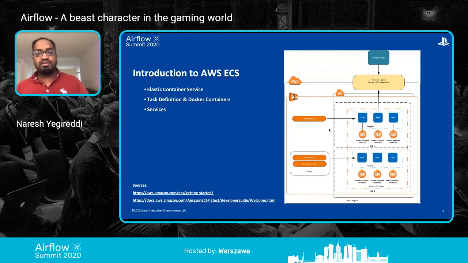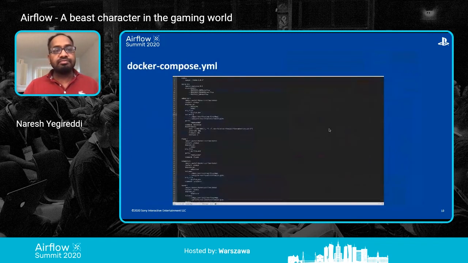Either it's a Redis host, or it can host Postgres, or it can host a web server and whatnot. So this is on a very high level. You can think of it like a cluster of EC2 instances powered by Docker, and it will be easily able to create containers within it, and each container can handle different Airflow services for us.